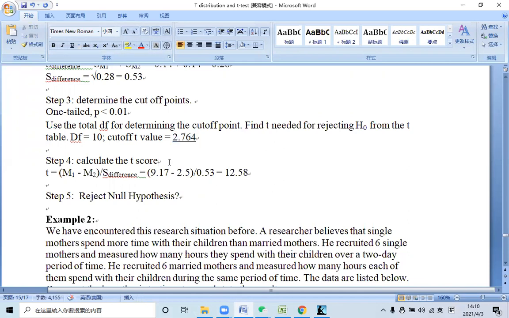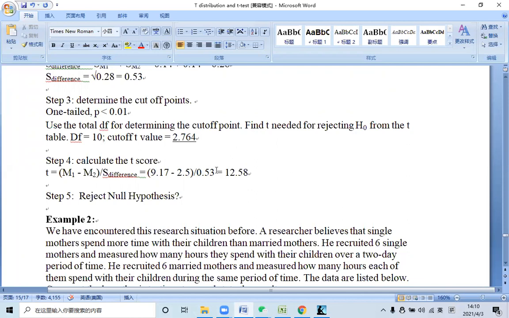Now we are ready to get the t-score. The difference between two sample means, we got that. The inexperienced group mean 9.17. Experienced group mean 2.5.